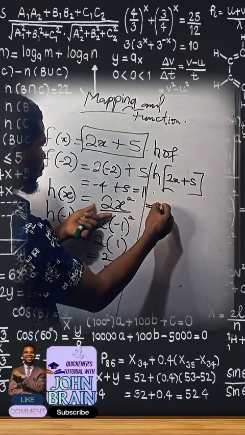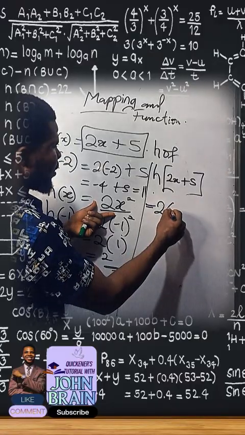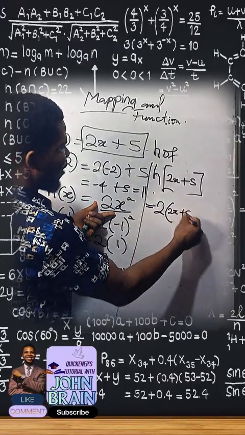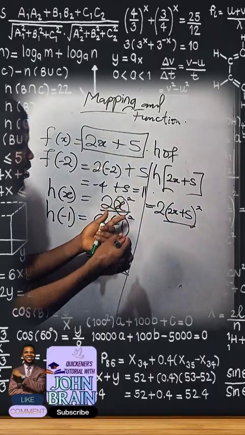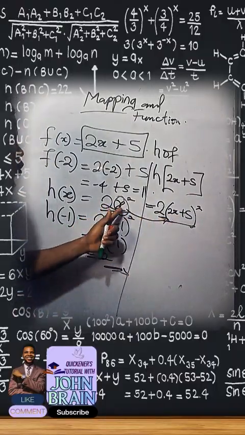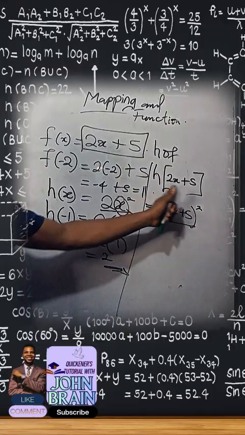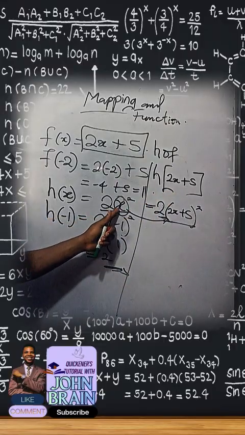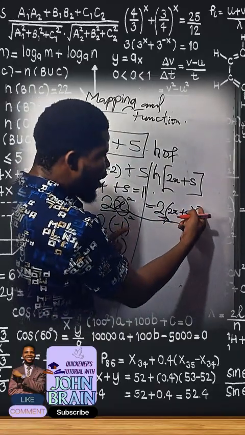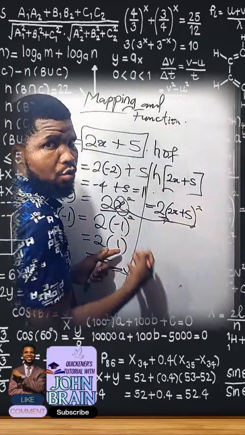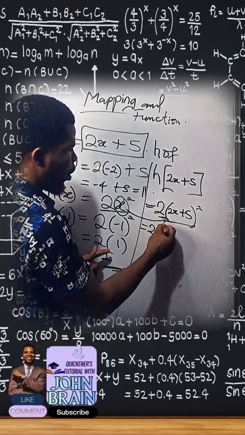So now this will give us 2 open bracket 2s plus 5, and then square. This 2s plus 5 is representing the variable here, and I told you to simplify this square before you work on it. So what do you have? 2 open bracket.